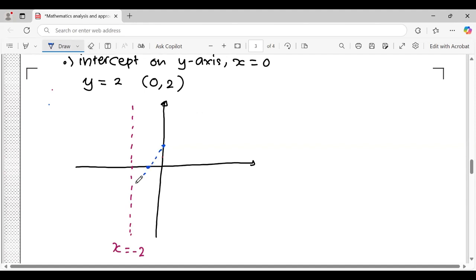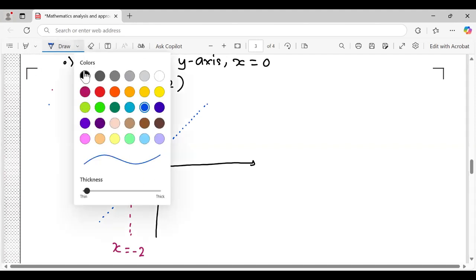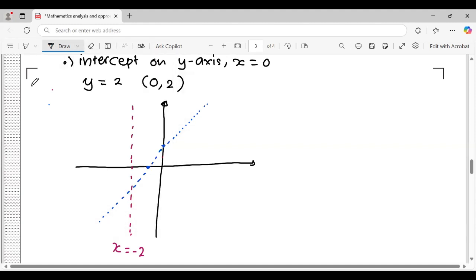You can set up your graph by yourself. So this is 0, 2, and this point is minus 1, 0.